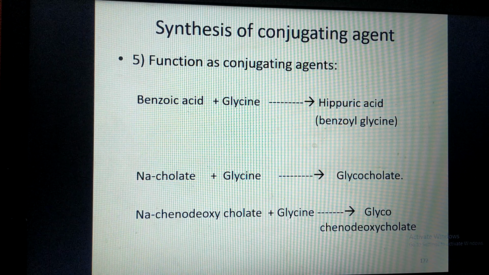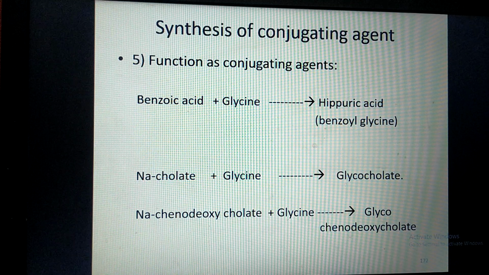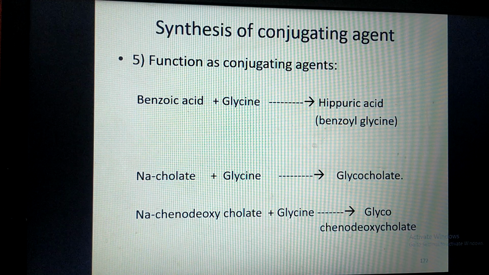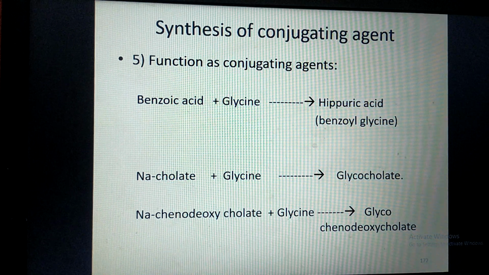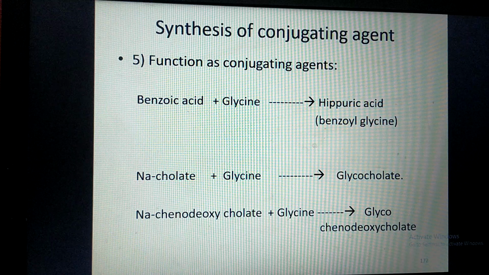It is partly soluble in water, therefore it is difficult to remove from the body. Glycine is an amino acid, and amino acids are hydrophilic substances. So when glycine combines with benzoic acid, it forms benzoyl glycine or hippuric acid.